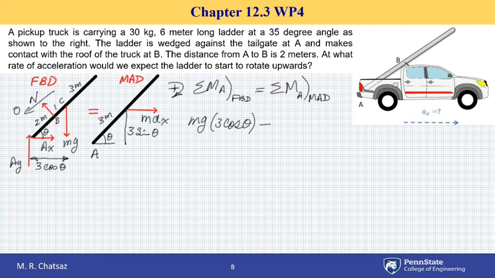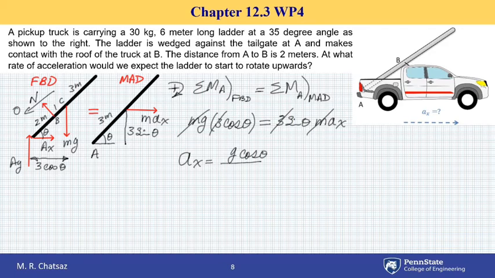Normal force N is 0, so I continue by completing the right side of the equation, which has moment of inertia vector max about point A, whose perpendicular distance is 3 sine of theta times max. Note that mass m cancels out from both sides of the equation. 3 also cancels out.